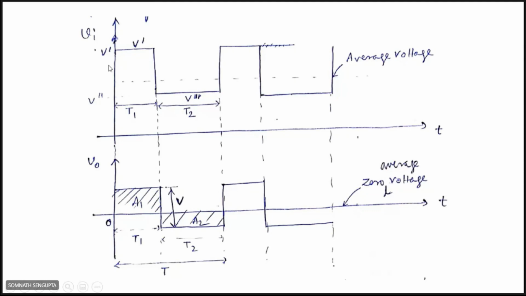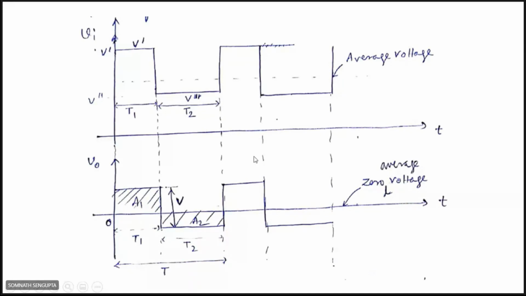Suppose one square wave input is there and it is clamped to a certain DC level. At the output, what we see is that the DC level is removed. The top figure is one square wave input, and the bottom figure is the output of that high pass RC circuit.